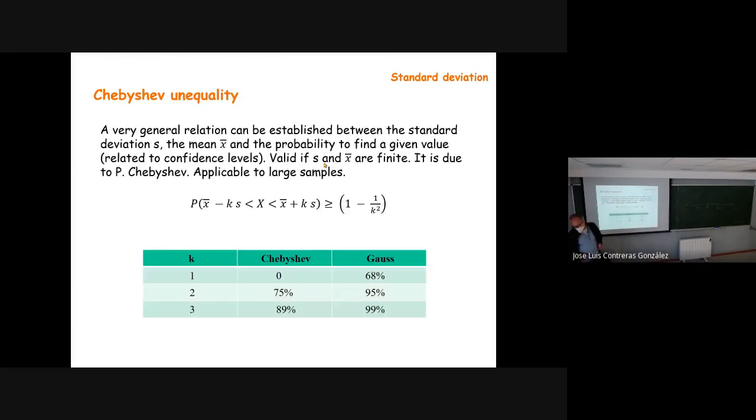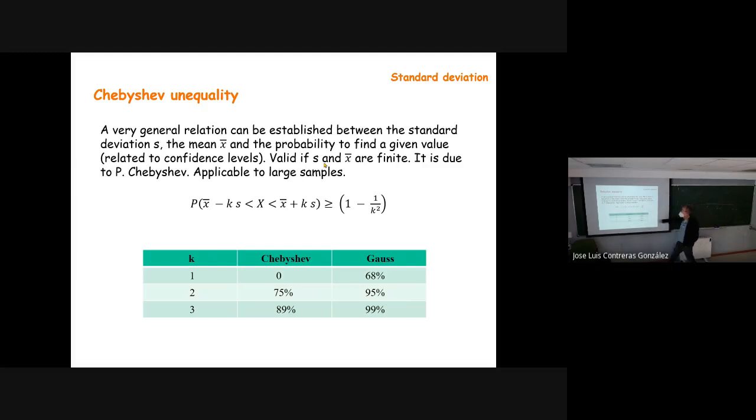The answer is that there is something which is called Chebyshev inequality, which tells you that for any set of data, you compute the mean and the standard deviation, doesn't matter how it is, then the probability that you have inside this kind of intervals built with the mean in the center and k times the standard deviation is given by 1 minus 1 divided by k squared, where k is this number.